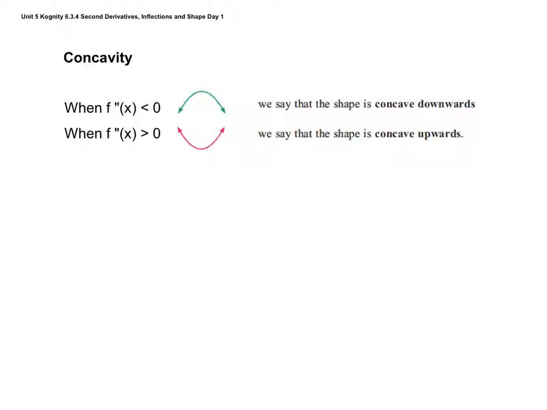Now, think about this in relation to rate of change, okay? If we have a first derivative that's the rate of change, and then we take the derivative of that, what do we call it when we're talking about how much the rate of change is changing? Think about it with motion. What do we talk about if our velocity is changing?